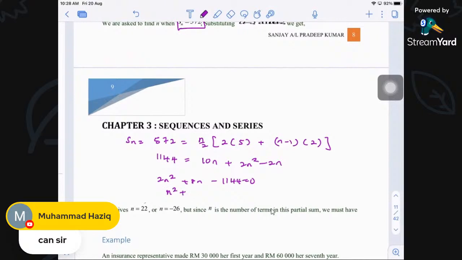So n squared plus 4n minus 572 equals 0. Solve this quadratic equation: n minus 22 and n plus 26 equals 0. Therefore, n equals 22 and n equals negative 26.